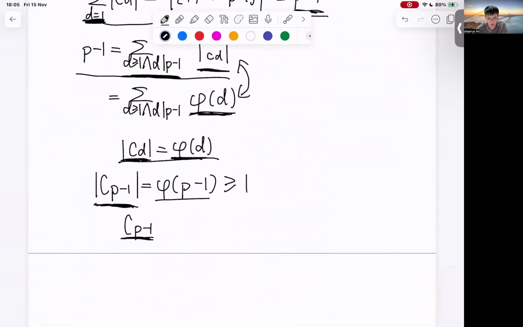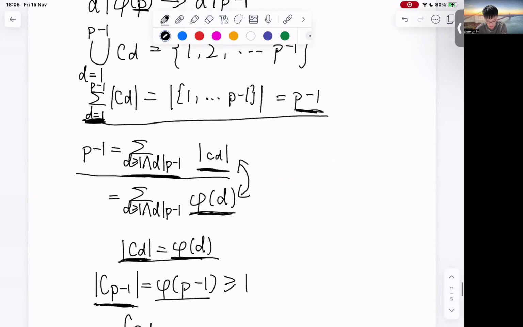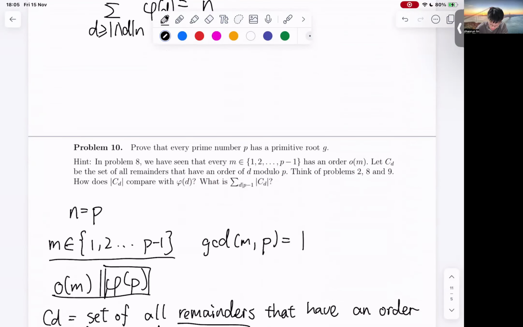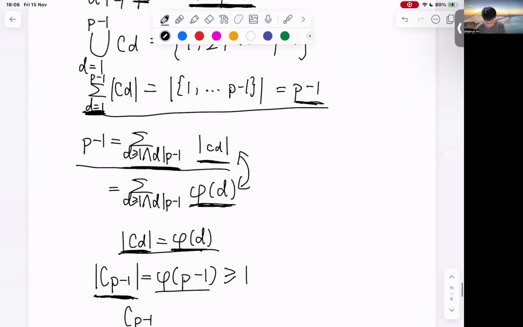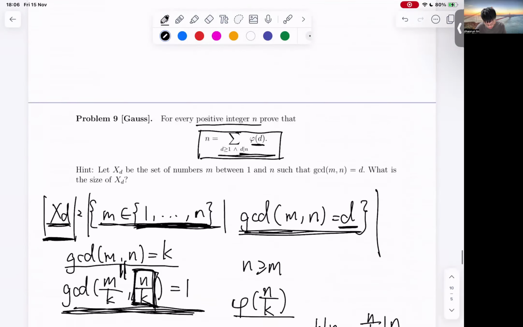The elements that have an order of p minus 1 modulo p are simply the primitive roots. So we have at least one primitive root, and every prime number has a primitive root. So this is for problem 10, and that's all for today.